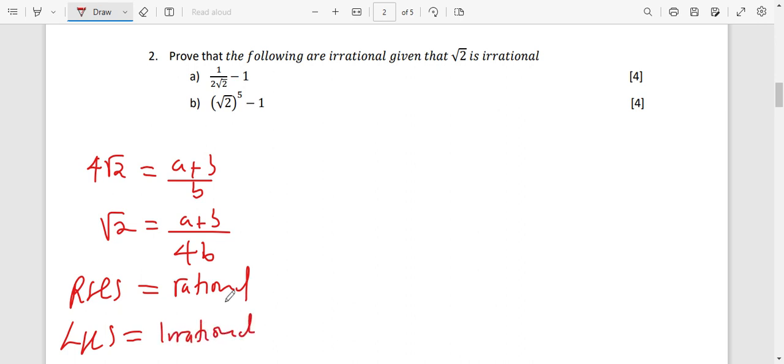An irrational number and a rational number don't have an intersection. In other words, they are disjoint sets. All right? So since a rational number cannot be equal to an irrational number, that violates our assumption. Therefore, square root of 2 to the power 5 minus 1 is irrational. We have shown.